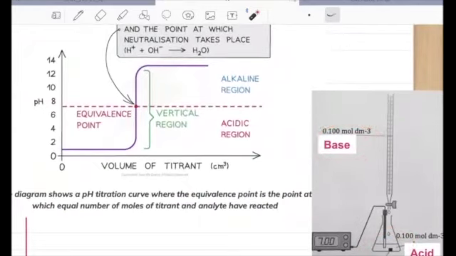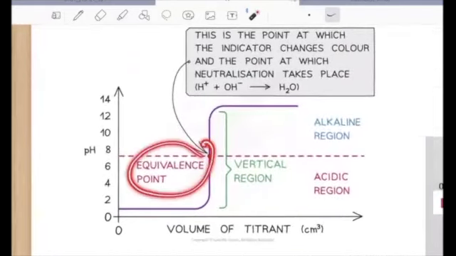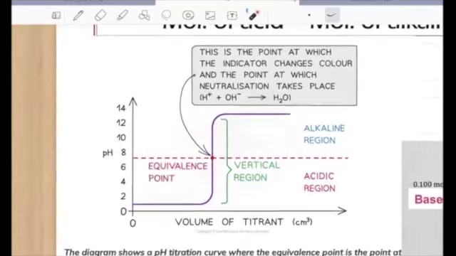Other than that, there is the equivalence point, which is shown graphically, and it is usually taken as half of the vertical region. I will talk about the vertical region shortly.